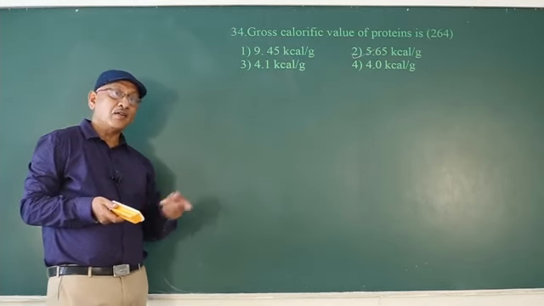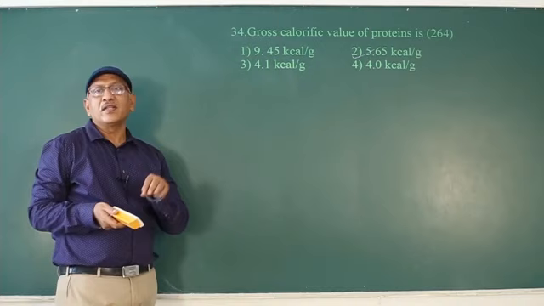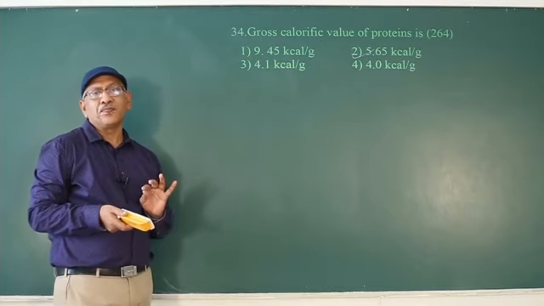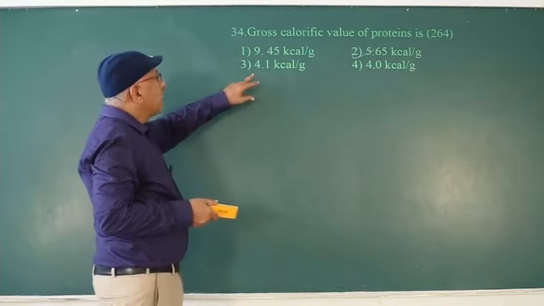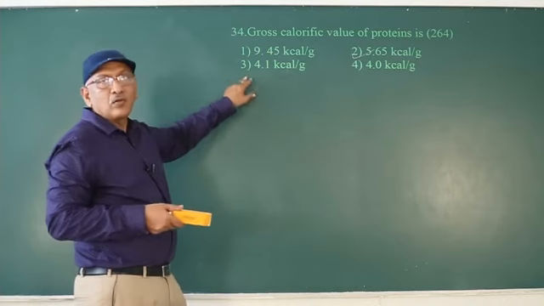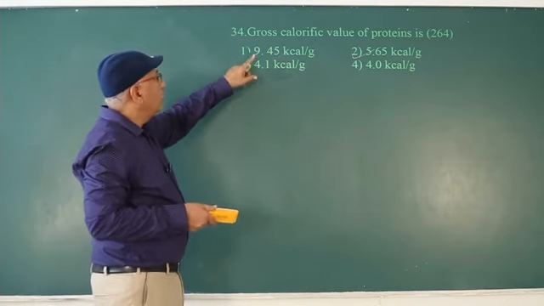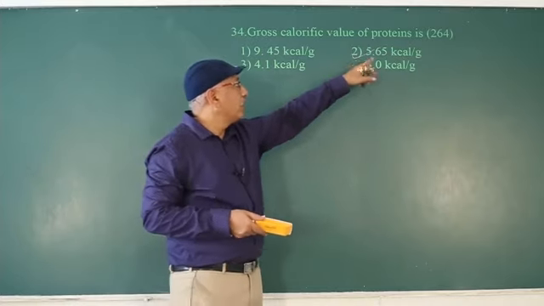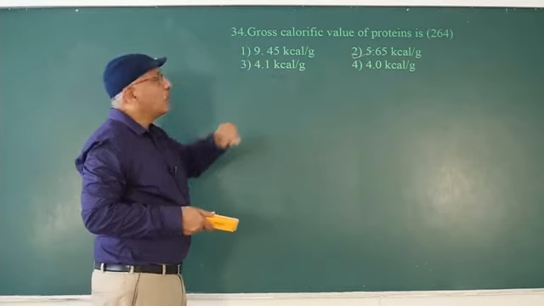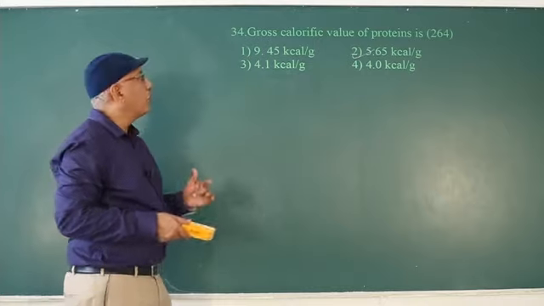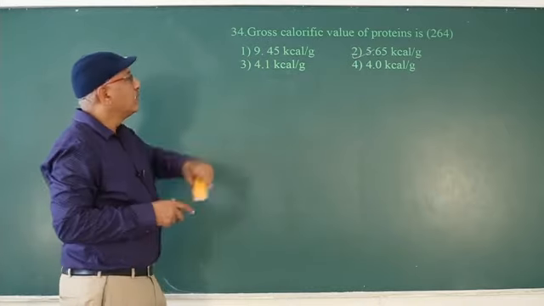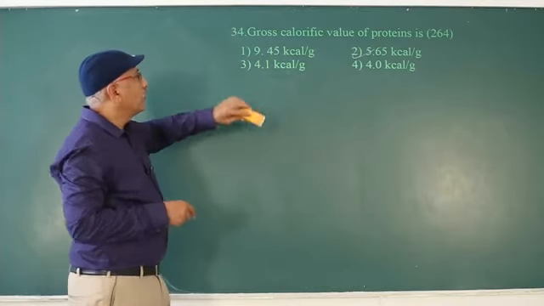The physiological value of fat is 9 kilocalories. But the gross calorific value of 1 gram of carbohydrate is 4.1, protein 5.65, and fat 9.45 kilocalories per gram. So the answer is 2.